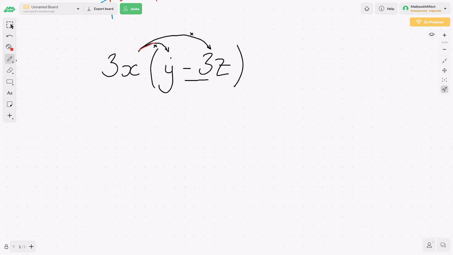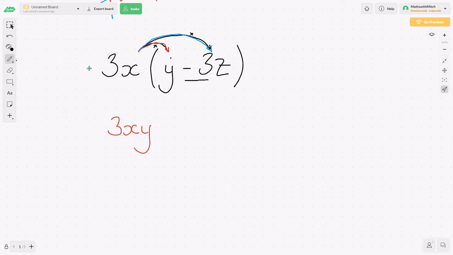So firstly, 3x times y gives 3xy. Remembering you don't need to write the times, it's implied by being next to it. And then the second operation is 3x times negative 3z.